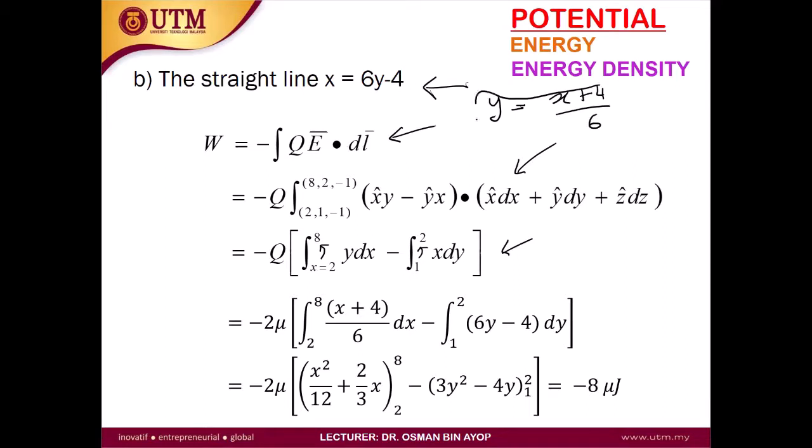That's why you get here (x plus 4) divided by 6 dx, and then minus 1 over 2 for the dy term, where x is equal to 6y minus 4. Again, you solve the integrations, and your final answer will be minus 8 microjoule.